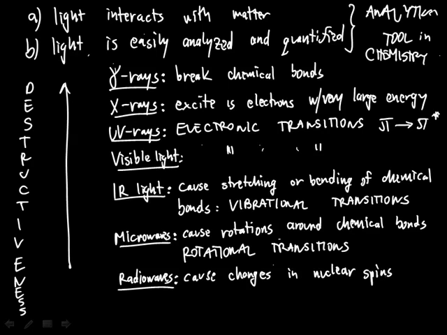And this change in nuclear spin seems like a pretty irrelevant thing, but it turns out that these changes in nuclear spin are actually very sensitive to the electronic environment around them, and they constitute the basis of NMR spectroscopy, which is the most powerful technique to use in organic chemistry. And so even though it's a very tiny and apparently irrelevant effect, this constitutes the basis of the most important technique that we will use.